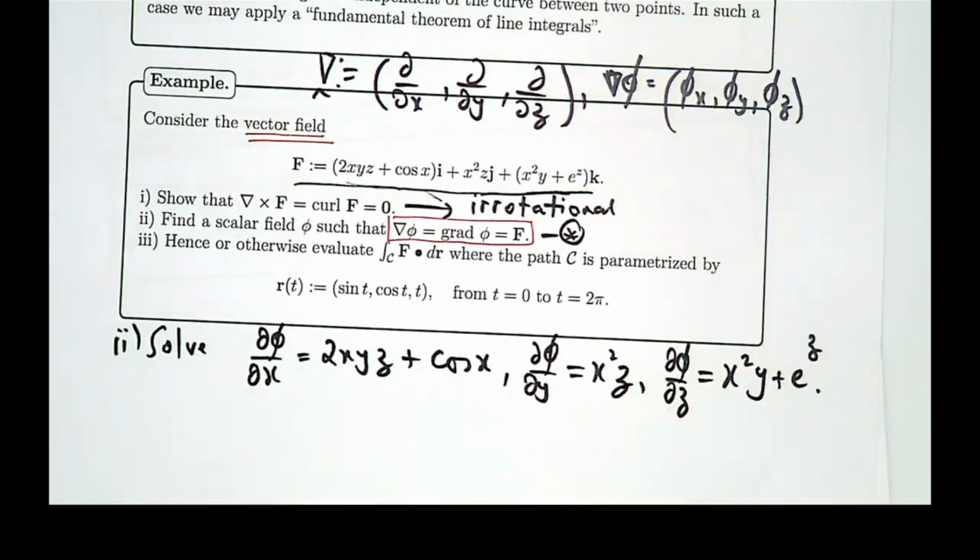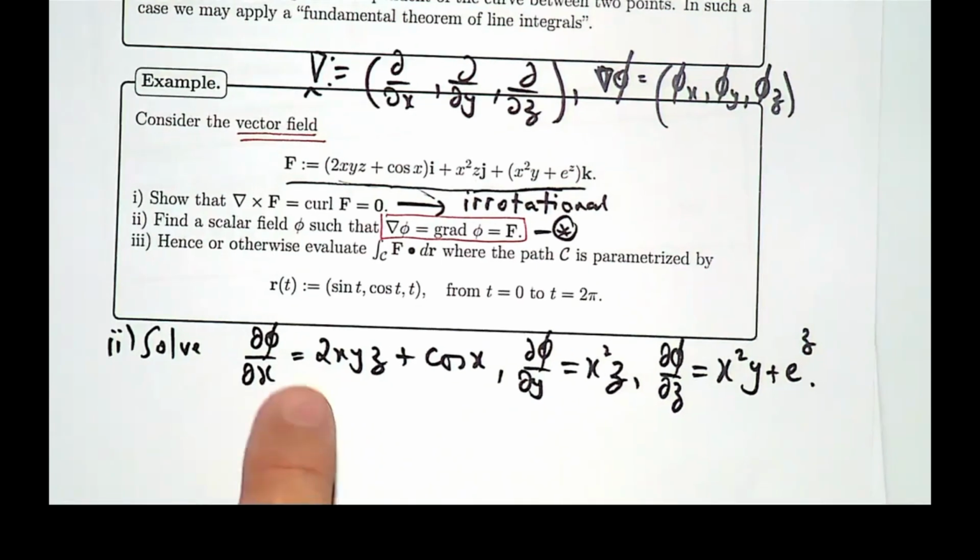How can we solve these three equations? Anybody know? What could we consider? Just finding the antiderivative as we did before. Yeah, integration seems like a good starting point, right? So if I integrate the first one with respect to x, what's going to happen?